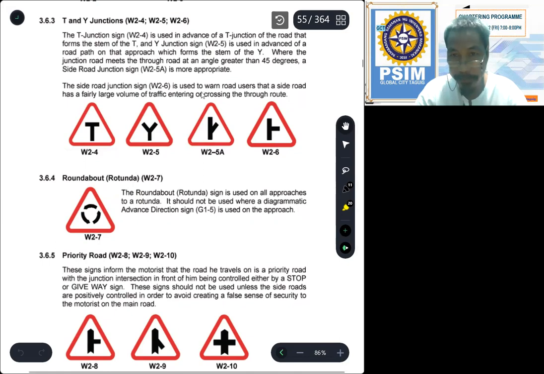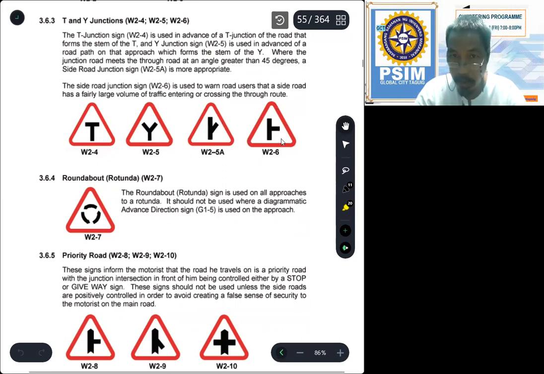If the angle is greater than 45 degrees, meaning the angle from this line to this line is more than 45, then it is a side road.